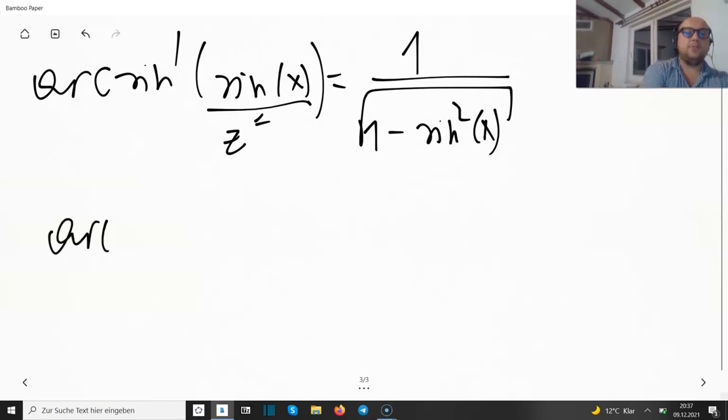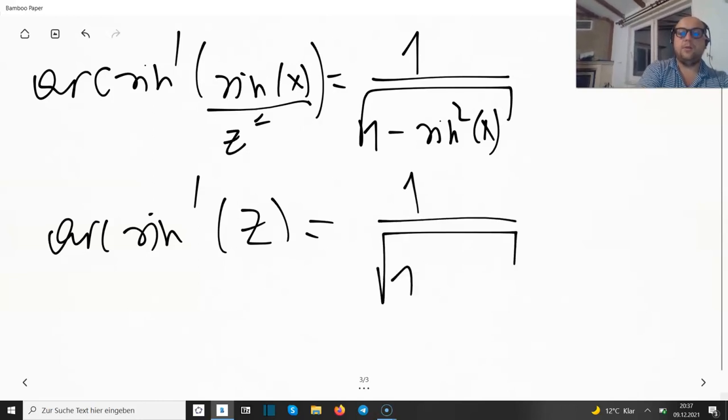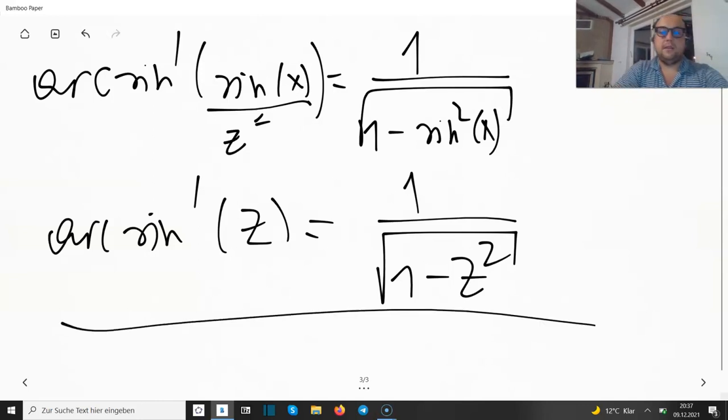So arcsine prime of z would be just 1 divided over square root of 1 minus z squared. Isn't that nice? And of course we have to say z is not further than 1, and so z, absolute value, cannot be over 1, or even strictly must be less than 1, right? Otherwise we'll be dividing by 0.